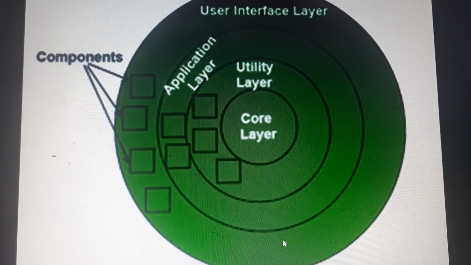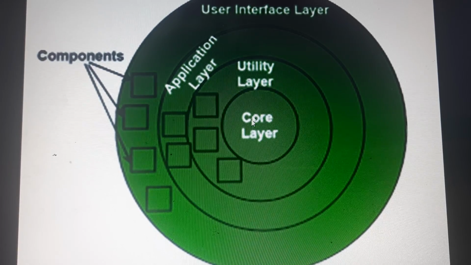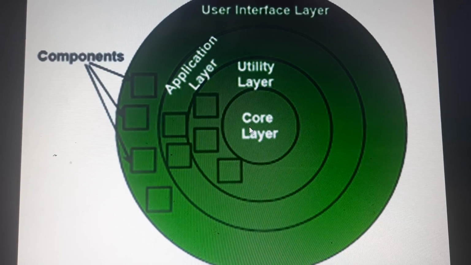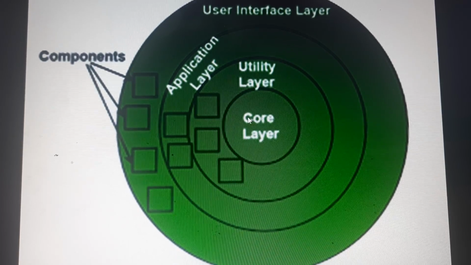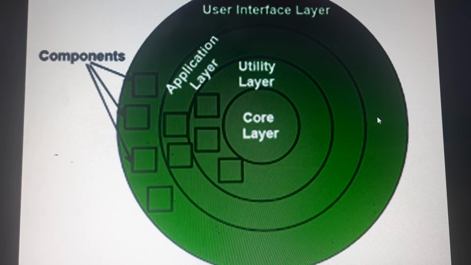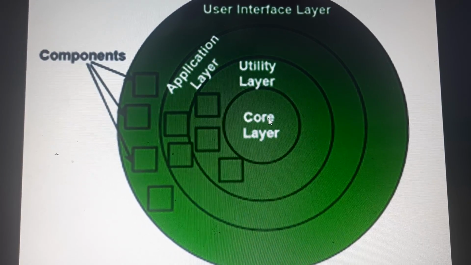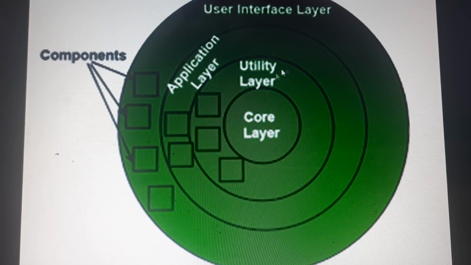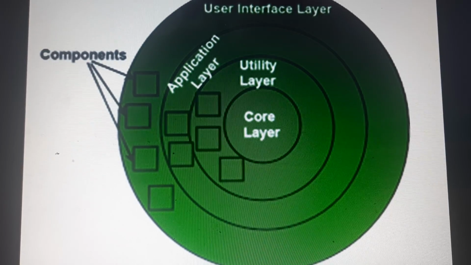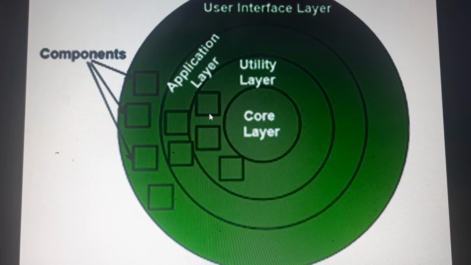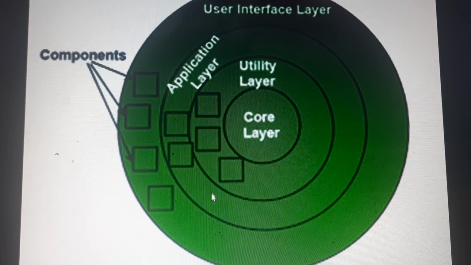Next is the layered architecture. Layer means, now see, this has layers 1, 2, 3, 4. First sentence, what can you say? This has layers. First is the core layer, the basic layer, utility layer, application layer, and user interface layer. Now see, each layer is divided into small components.